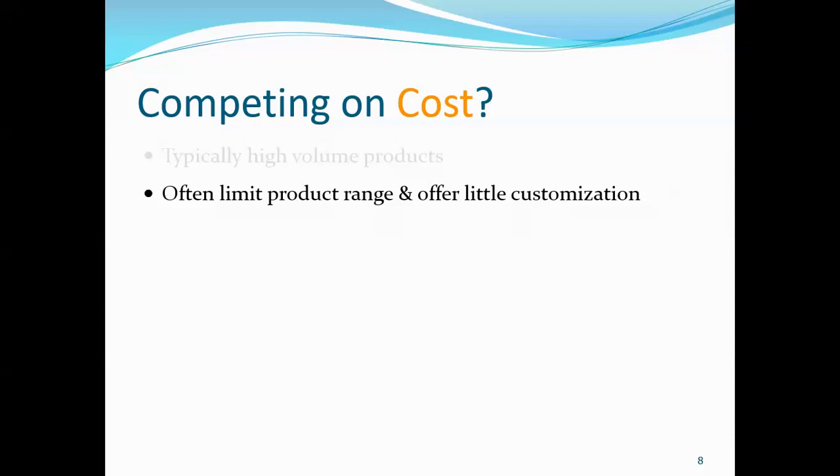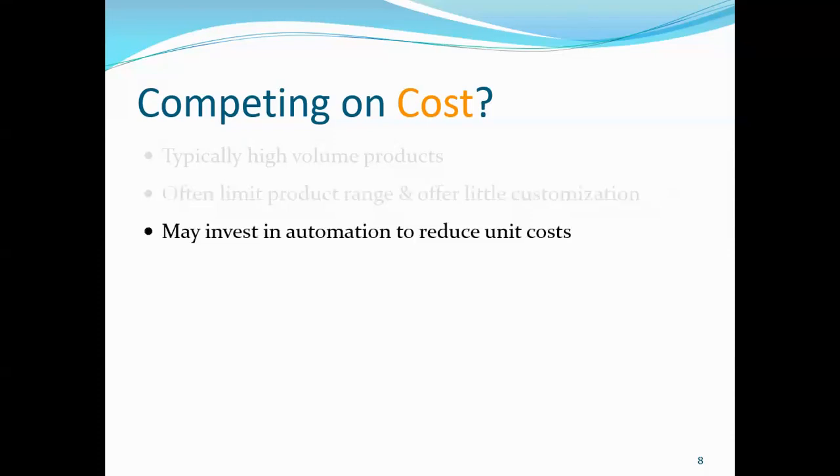Because if we want to lower the cost, we have to follow standardization, standard procedure. It increases efficiency and lowers the defects and mistakes. The company might also invest in automation so that they can reduce the unit cost, so for every product they make, the average cost will be lower.